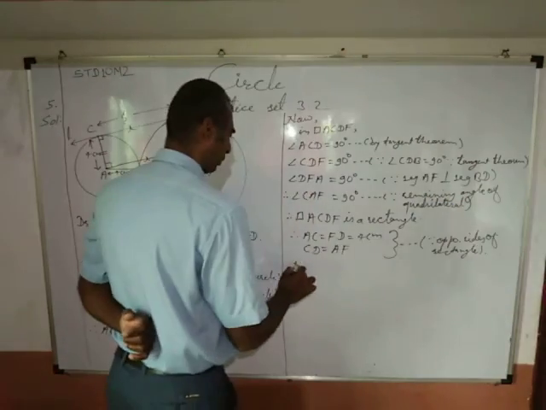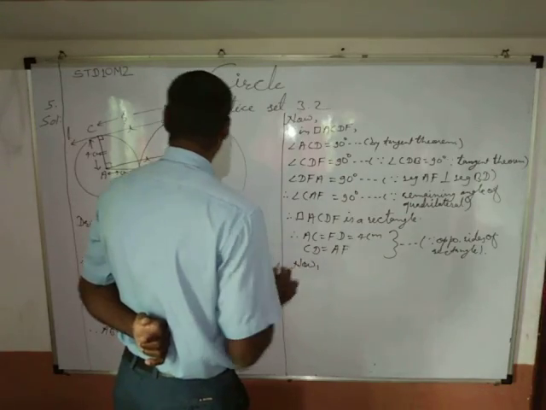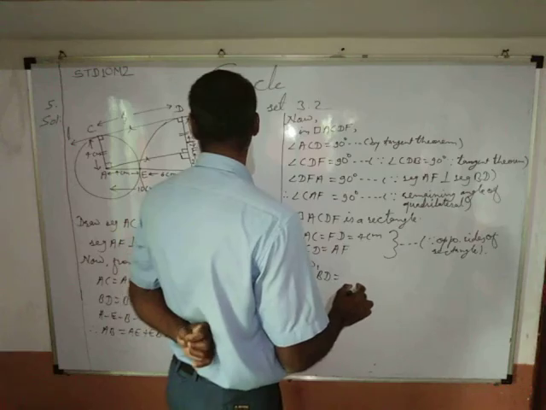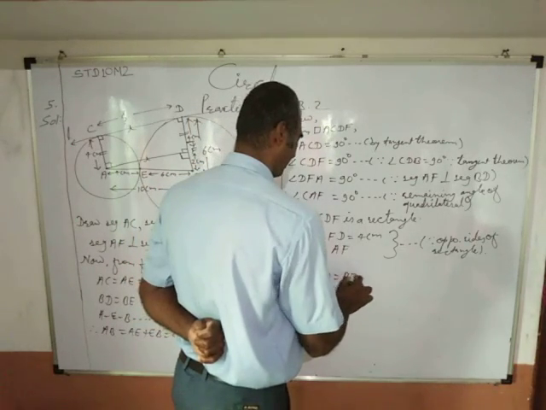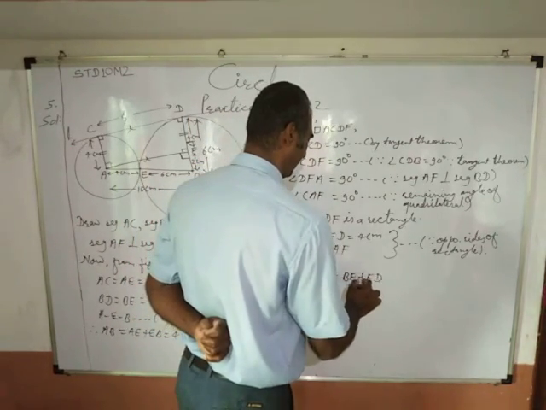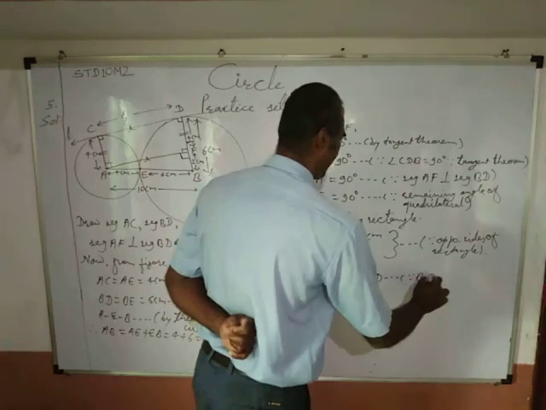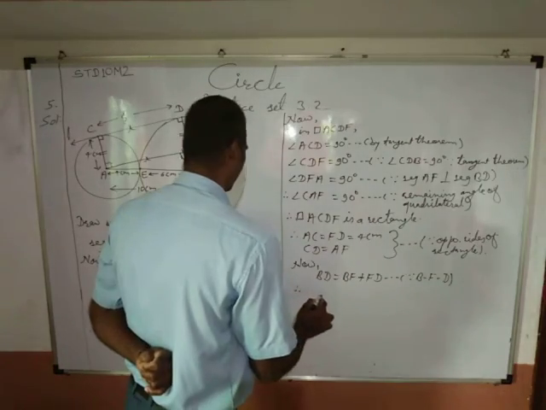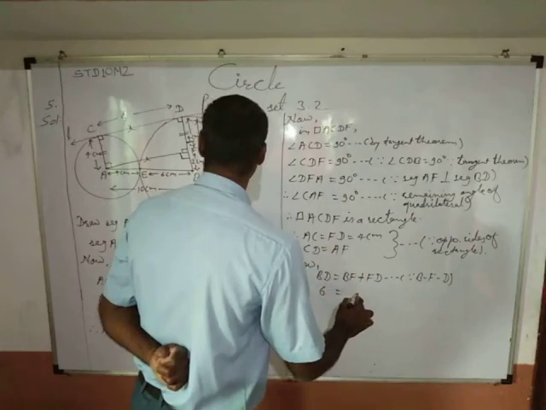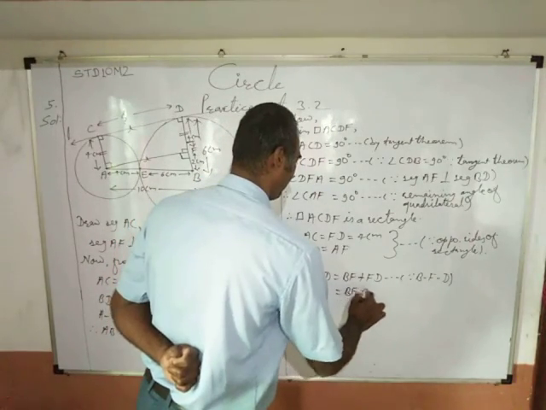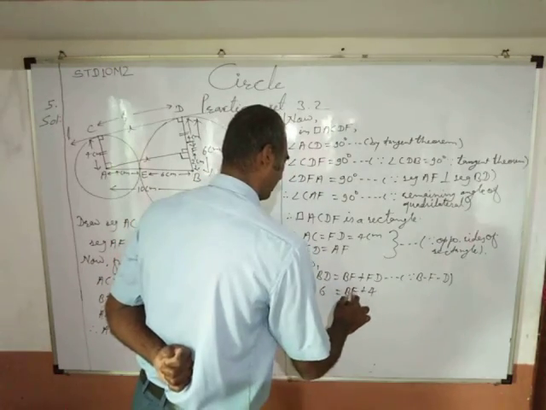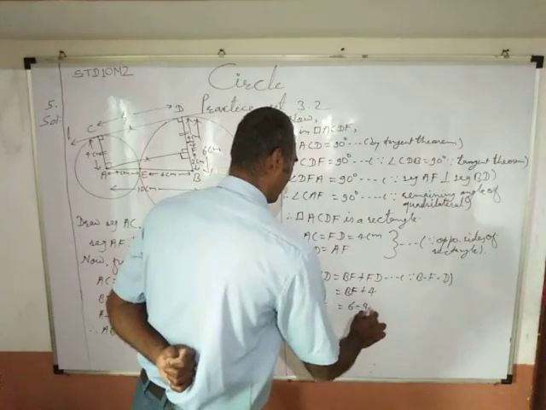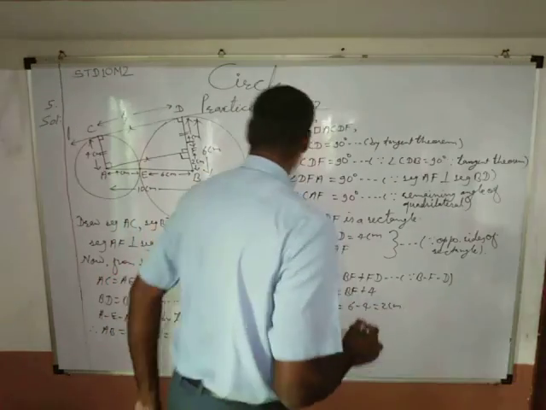Now BD equals BF plus FD, since B-F-D, and therefore 6 equals BF plus 4, and therefore BF equals 6 minus 4 equals 2 centimeters.